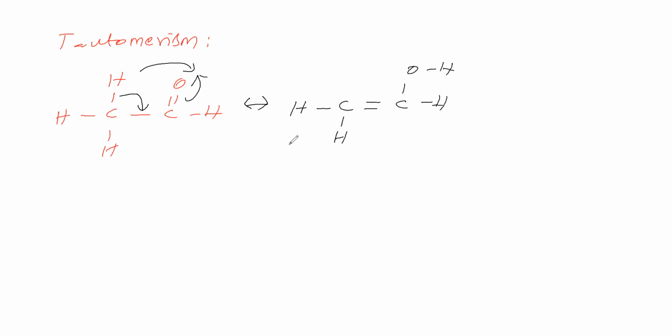This is called tautomerism: the position of hydrogen is different. Here a double bond is there, therefore 'ene', and the OH group is alcohol, so 'enol'. This is called keto-enol tautomerism. Even for ketone it is possible.